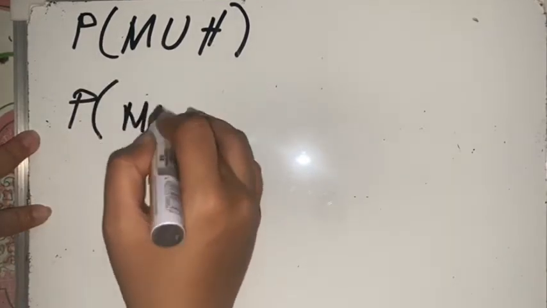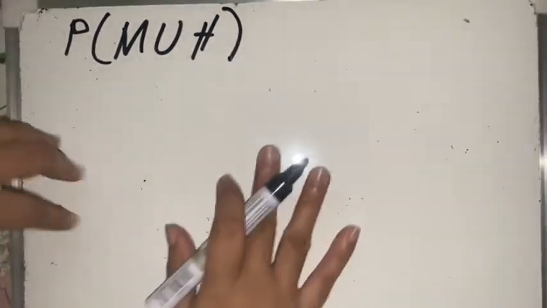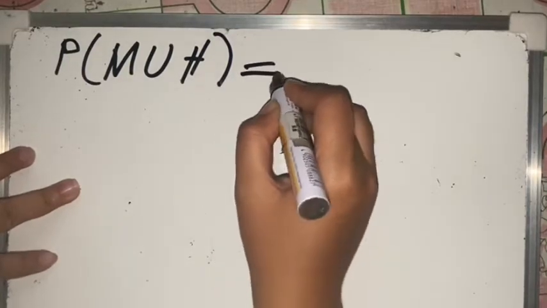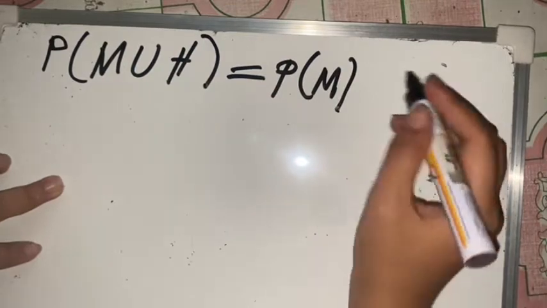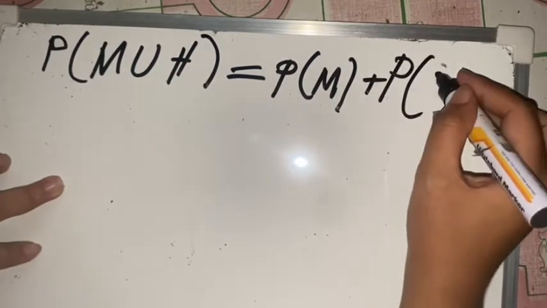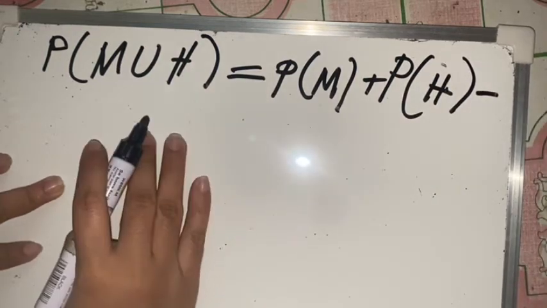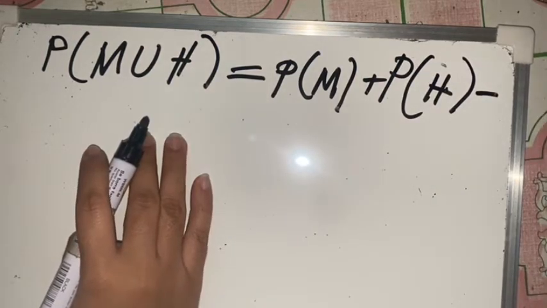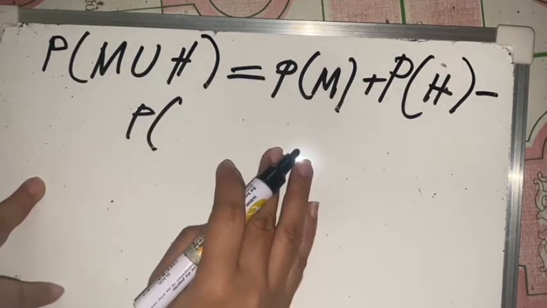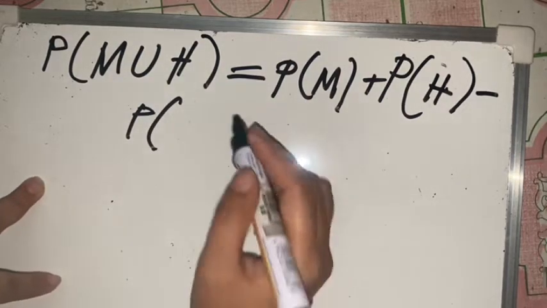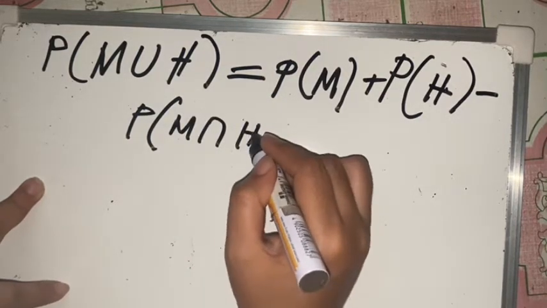Probability of M union H is equal to the probability of students who studied math plus the probability of students who studied history minus the probability of the students who studied both mathematics and history, or intersection.